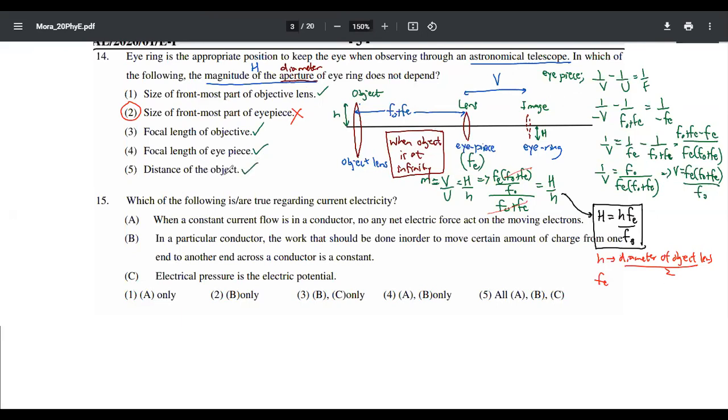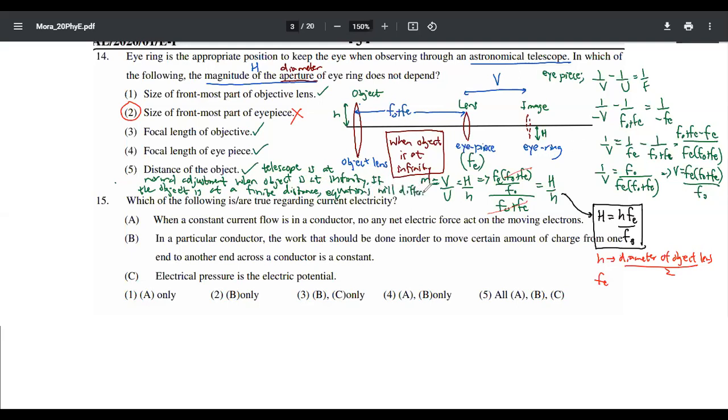Okay, to give you an explanation here, the telescope is at normal adjustment when the object is at infinity. If the object is at a finite distance, equations will differ.